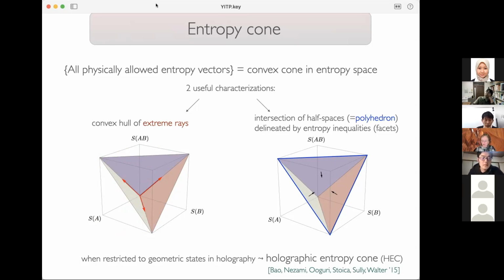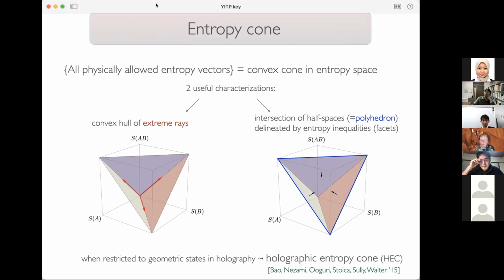Alternately, you can describe a cone as an intersection of half spaces, which are defined by these facets. So for example, if you have a relation between these entropies, which was the subadditivity, well, then it says that the combined entropy has to be no larger than the individual entropies.